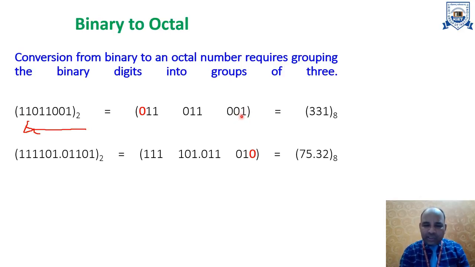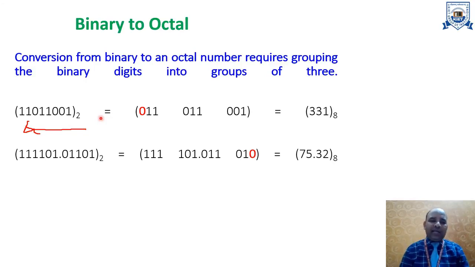By treating it as straight binary, the weightage of the digits is 2 to the power 0, 2 to the power 1 and 2 to the power 2. It means 001 in straight binary is equivalent to 1. Similarly, 011 is 2 to the power 0 multiplied by 1 plus 1 multiplied by 2 to the power 1, so it is 3. And then again 011, it is 3. It means 331 in base 8 is equivalent to 11011001 in base 2.